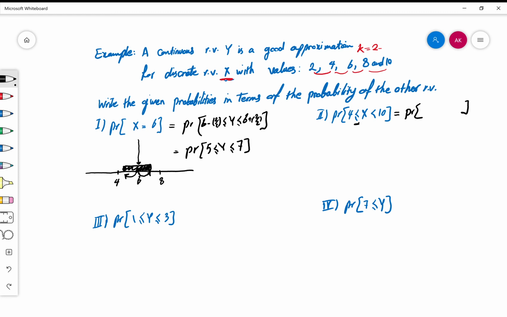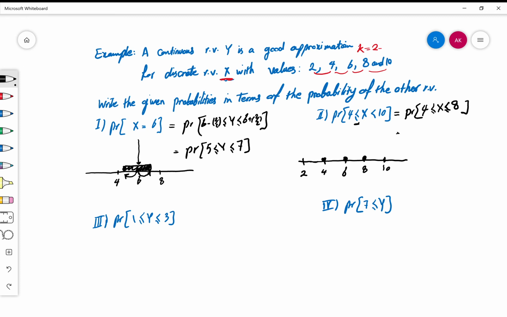So here, x is bigger than or equal to 4, but x only takes values less than 10. It won't take the value 10, but the value before that which x has is 8, so we'll have 8, then 6, and then 4 included. So only these 3 values.